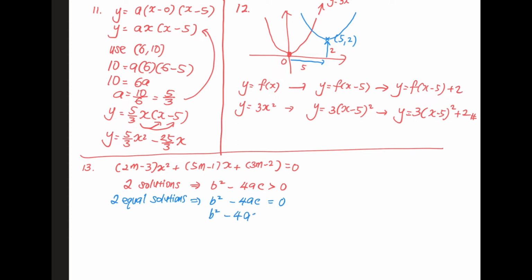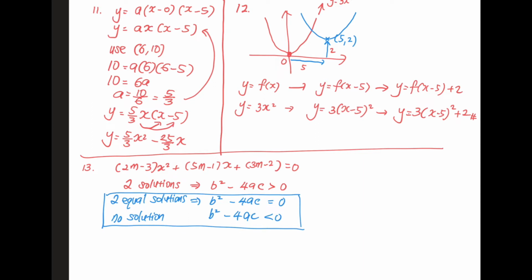If you have b squared minus 4ac less than 0, that is no solution. So basically we have 3 situations.